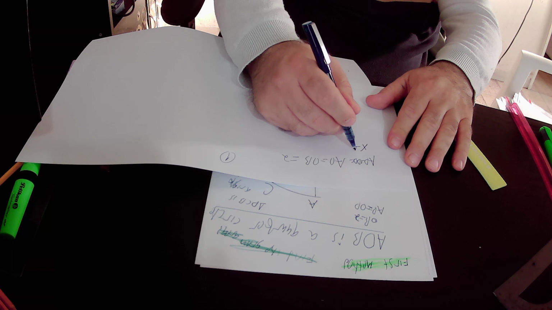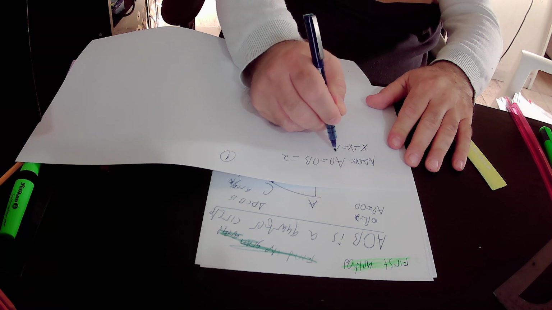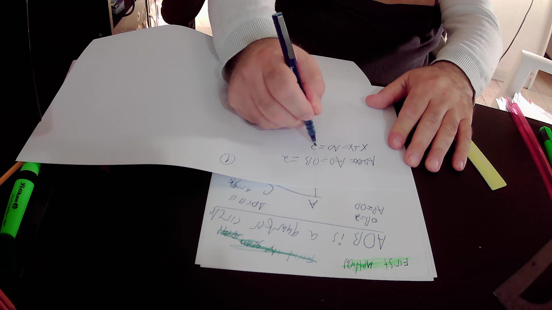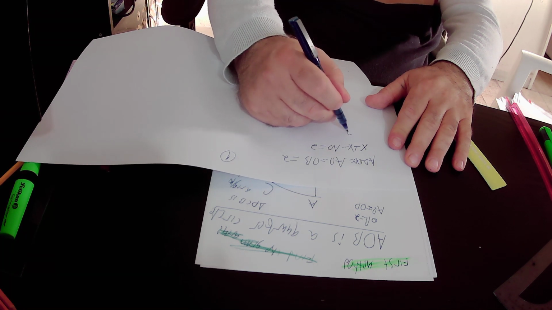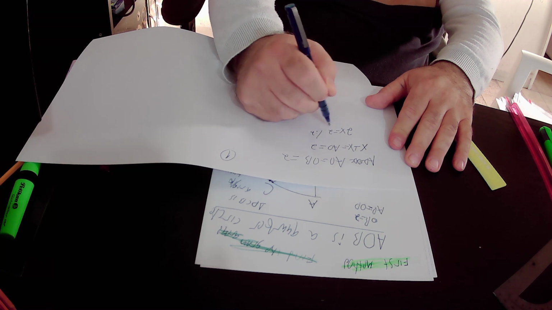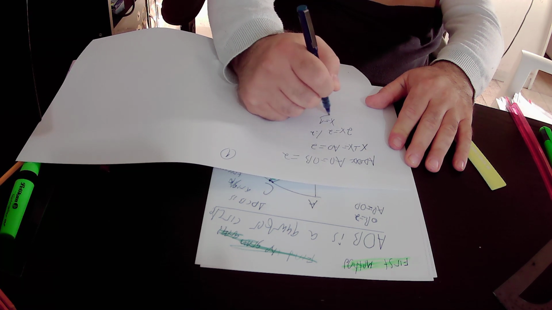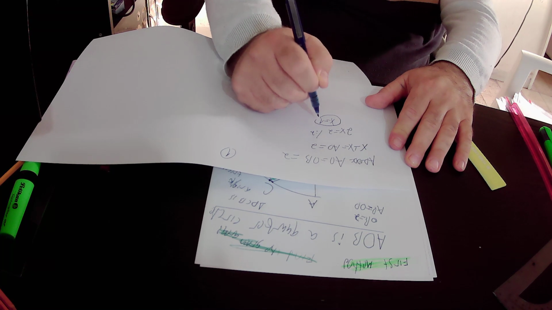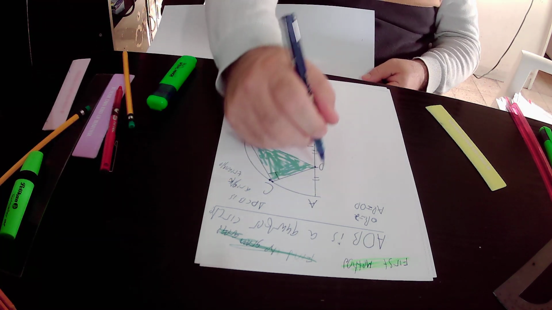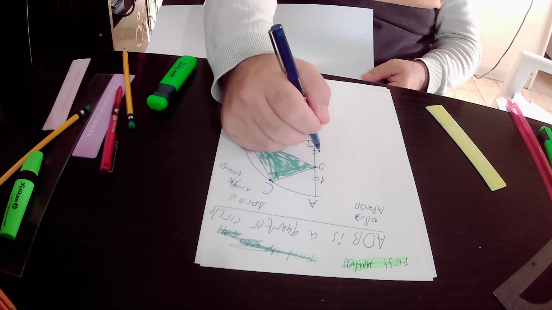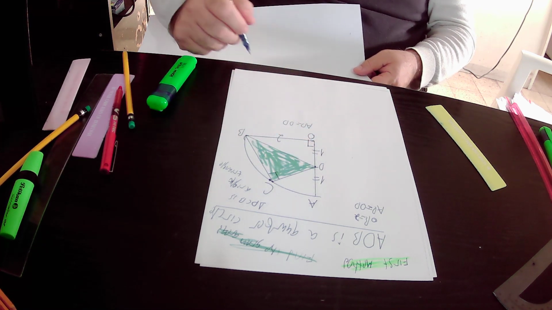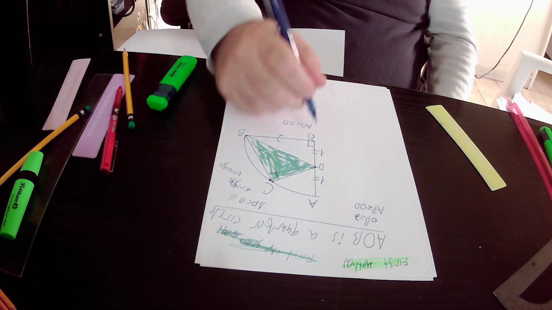So we get that X plus X equals AO, that is equal to 2 units. X plus X is 2X, and 2X equals 2. We divide this equation by 2, and we get that X equals 1 unit. So AD, that is equal to X, is equal to 1 unit, and DO, that is also equal to X, is also equal to 1 unit.